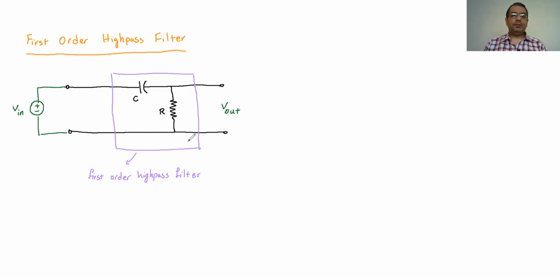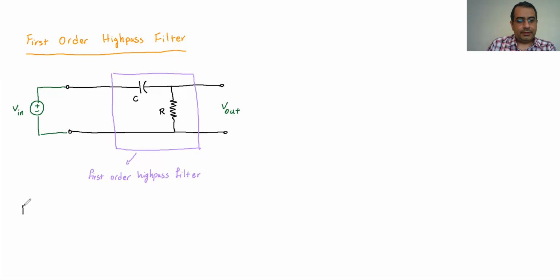Remember the high pass filter is a filter that's supposed to let the signal with higher frequency pass through and then remove the signal that has a lower frequency. So I'm not going to go through how we can derive the equation, but I just simply write it here.